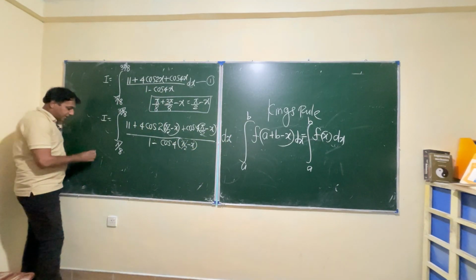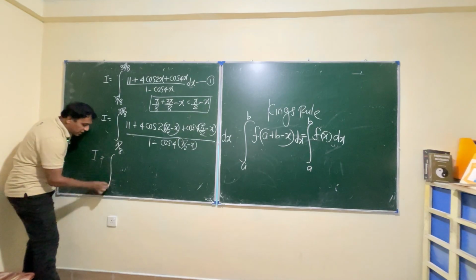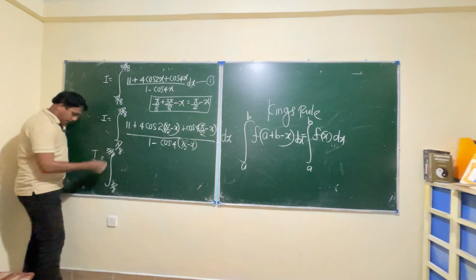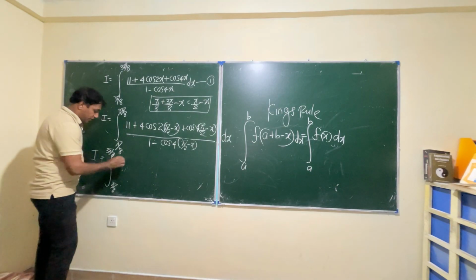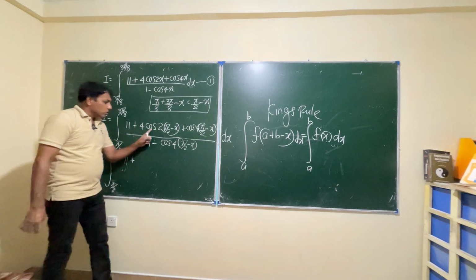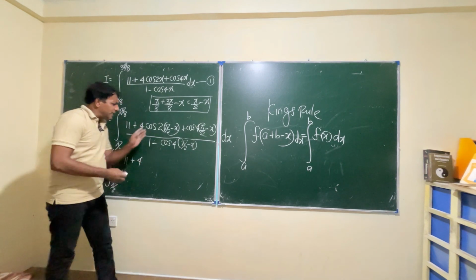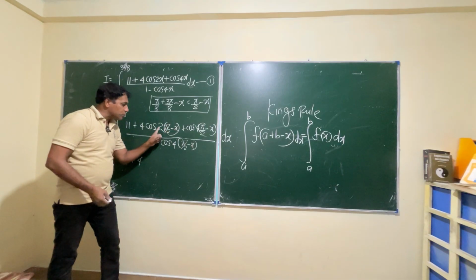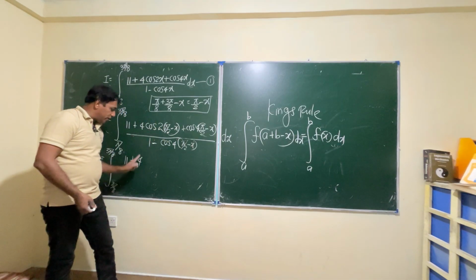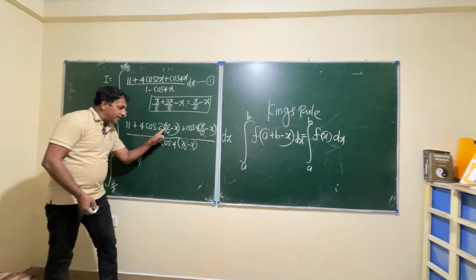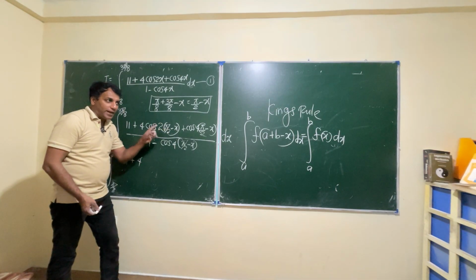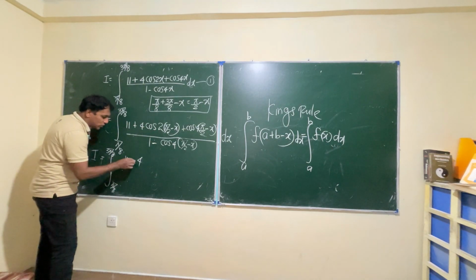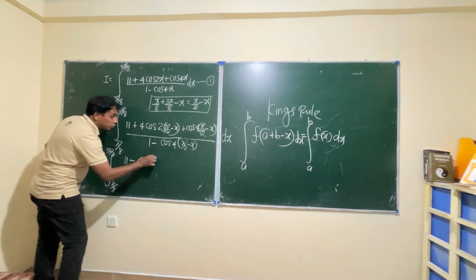So I equals the integral with boundaries pi by 8 to 3 pi by 8. Now see here 11 plus 4, if you multiply this bracket, 2 cancels, cos of pi minus 2x, in the second quadrant, gives minus cos 2x.